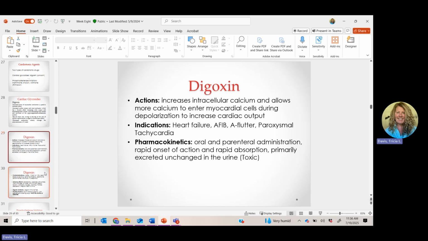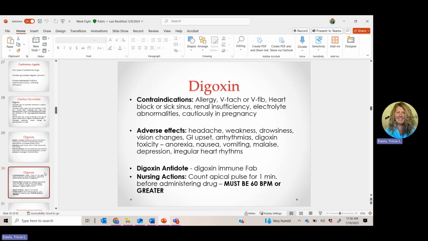So what does digoxin do? It increases the amount of calcium into the cells, brings more into our myocardial cells to increase cardiac output. So we could give this for heart failure, AFib, flutter, and some paroxysmal tachycardia. We would not give it if they have allergies or VTach or VFib, any type of sinus block, or any type of electrolyte abnormality, because electrolyte abnormalities can cause this patient to develop digoxin toxicity.